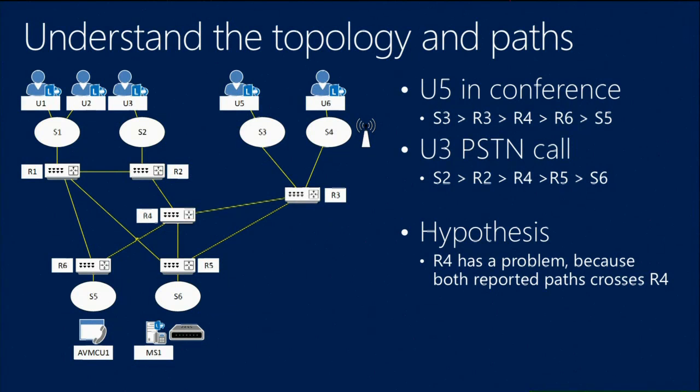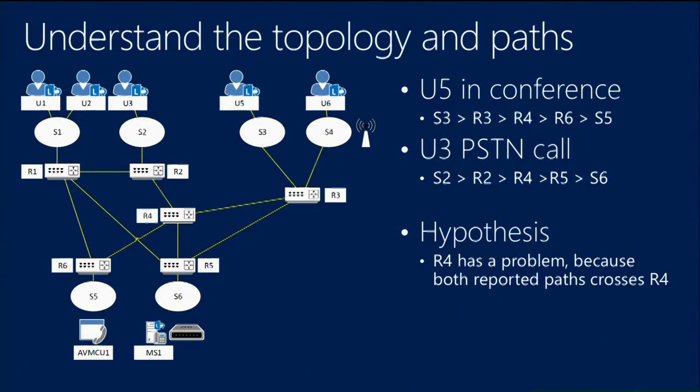So in my case, I have the user U5 who was complaining about the conference. He is up here, and I have the AVMCU, which is down here. When this guy was in the conference, his media was going through subnet S3, router 3, router 4, router 6, and into the AVMCU.